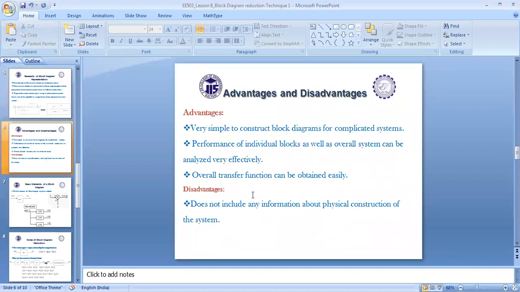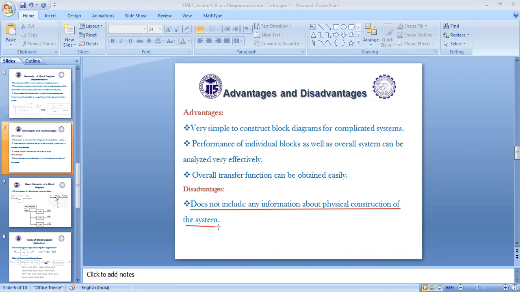But this representation suffers from one drawback as well. The drawback is it doesn't include any information about the physical construction of the system. That means each block is represented by a transfer function. Suppose you have a motor or a generator. That motor, generator or sensor must be represented by a particular transfer function.